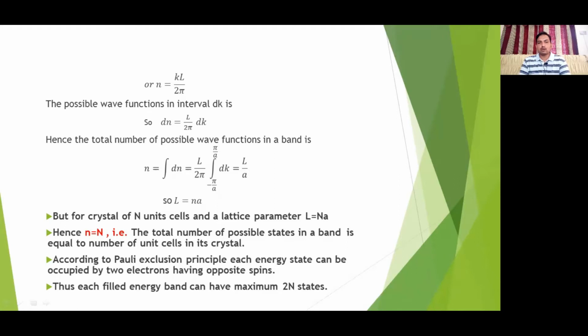So each filled energy band can have a maximum of how many electrons? 2 multiplied by N, double the number of unit cells in the crystal. So this is our discussion about the number of energy states, electrons, or wave functions that exist in a single band.